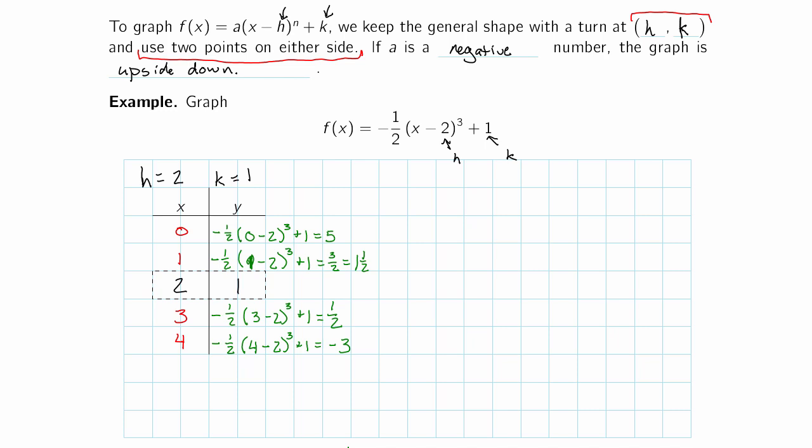Okay, now I've figured out what values I'm interested in. I can actually draw my axes. My y-axis needs to go from +5 at the top down to a -3 at the bottom. Let's see if I just have enough space to do that if I'm just counting by ones. So I'll start with +5 at the top. 4, 3, 2, 1. And then I'll have a -1, -2, -3.